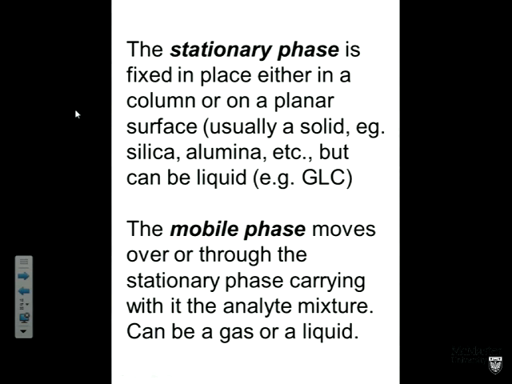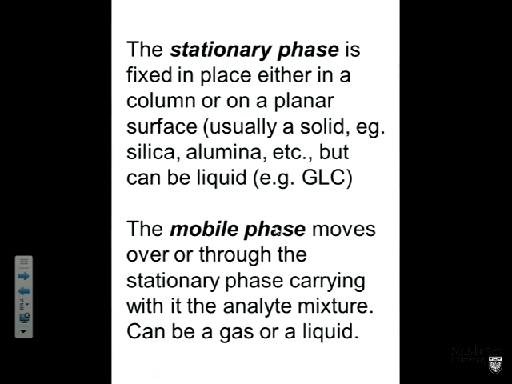So we put the stationary phase in a column or on a planar surface, and this is thin layer chromatography, where you're going to take a sheet of aluminium foil or plastic onto which has been put a thin, even layer of silica gel that we're going to use for separation. So the solid phase may be in a column or on a planar surface.